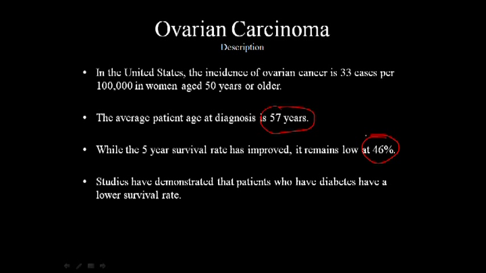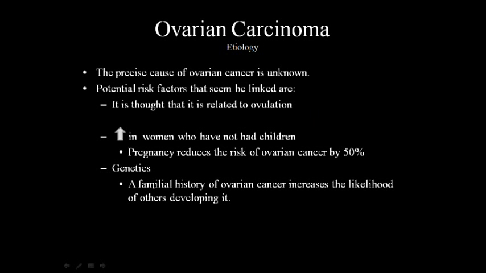Not quite where we want the survival rate to be, even with modern medicine. Studies have demonstrated that patients who have diabetes have a lower survival rate. As we know, patients with diabetes have a tendency to have more difficulties overcoming surgical interventions, and potentially this is why you have lower survival rates.